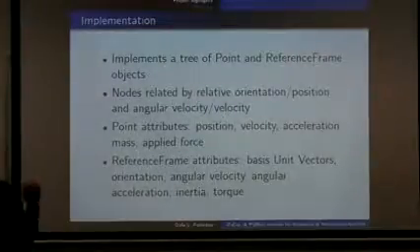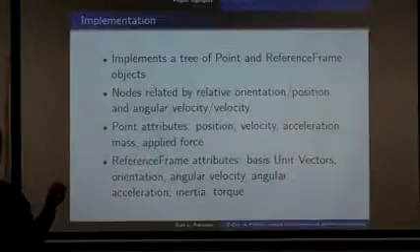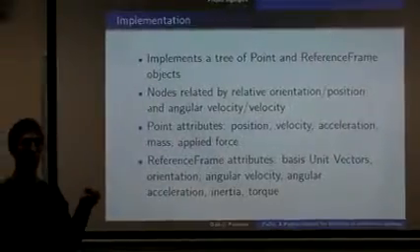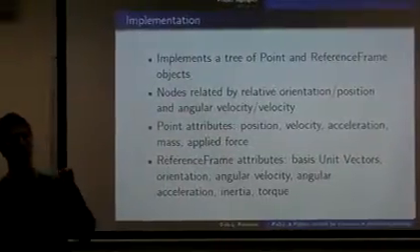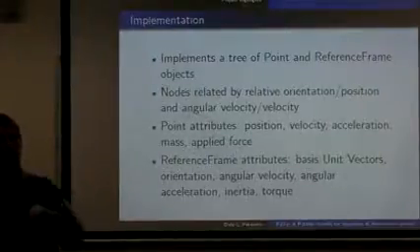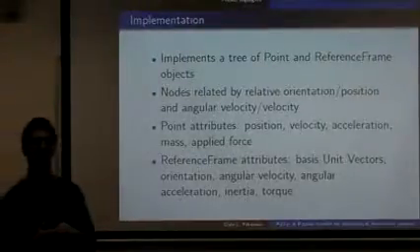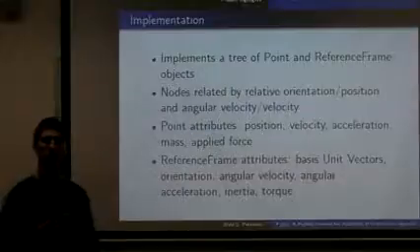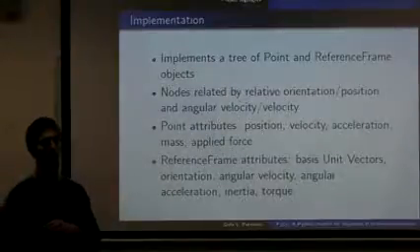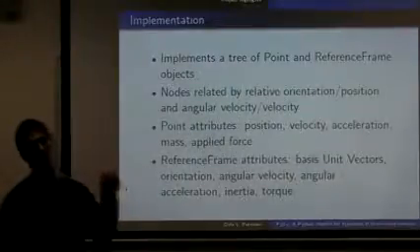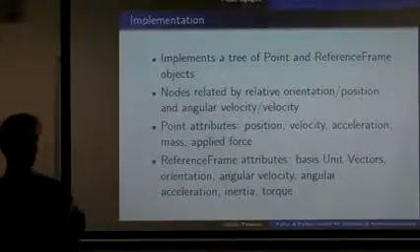So each node in the tree is either a point or a reference frame, and it's oriented or located relative to the other ones through a connection. So when you create new nodes, essentially new reference frames or new points, there's this connection between its parent and it, and it may have children as well.